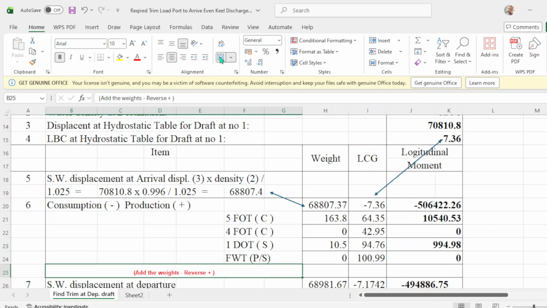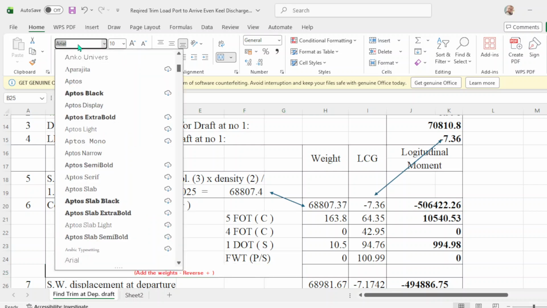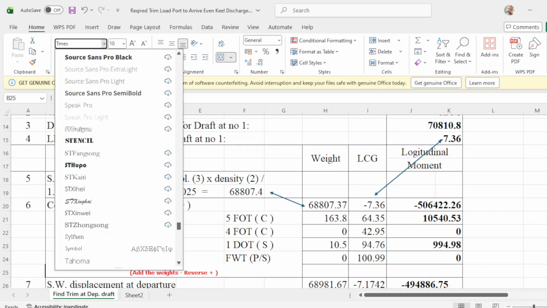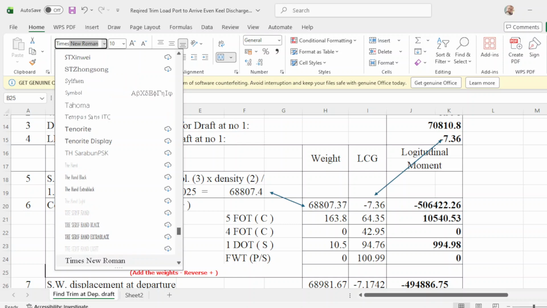Then make it a little bigger, 2 times here, Roman times 1.